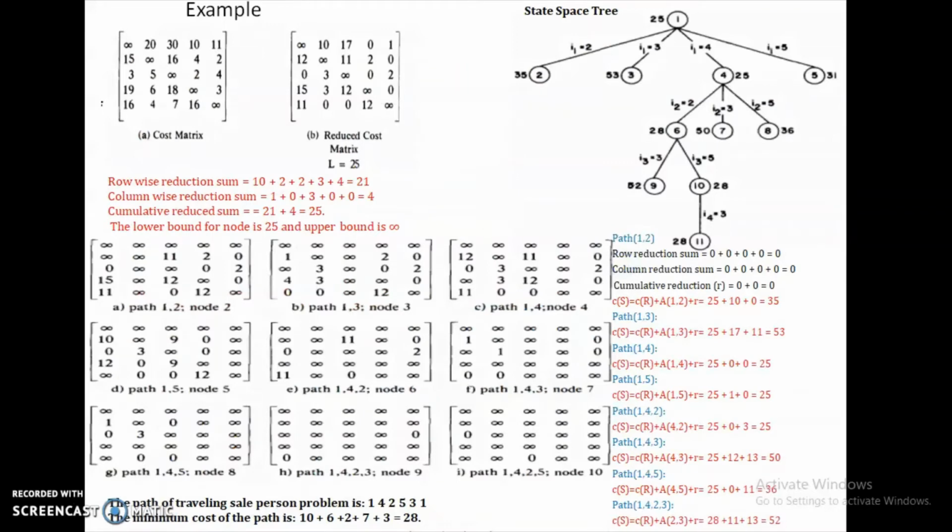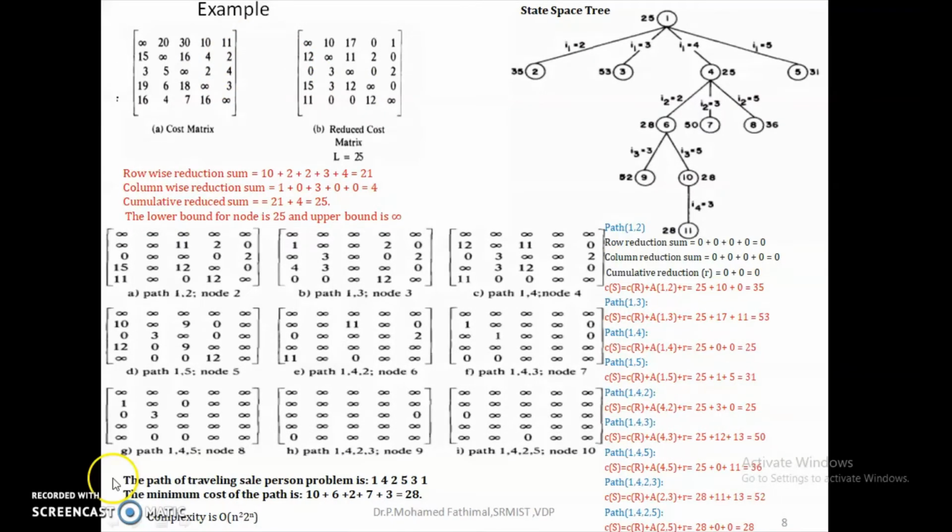Before going to see the procedure, we will see this example. Normally in a traveling salesman problem, the given matrix is a cost matrix, and there are 5 vertices, so 5 rows and 5 columns, and if there is no edge from one city to another city, then that is mentioned as infinity.